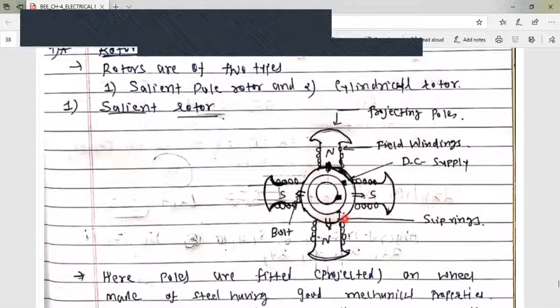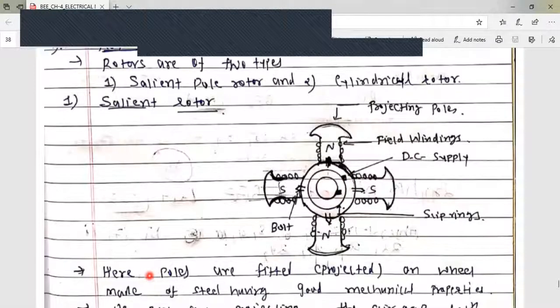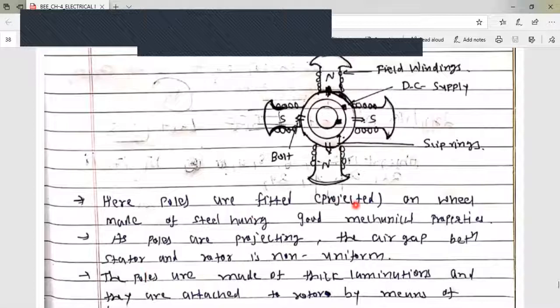These are the slip rings, and this pole is connected to that pole. DC supply is given to this. Here the poles are projected on a ring made of steel having good mechanical properties.